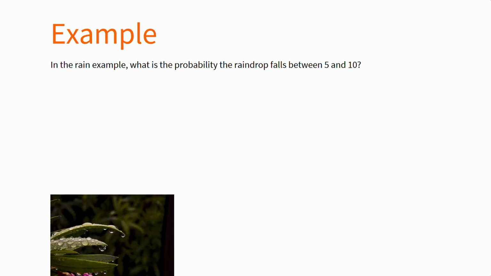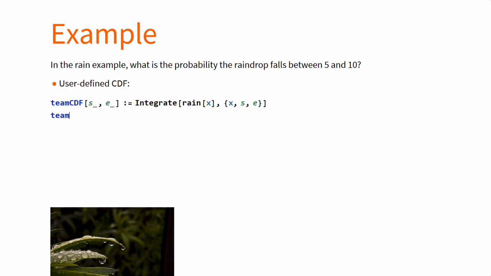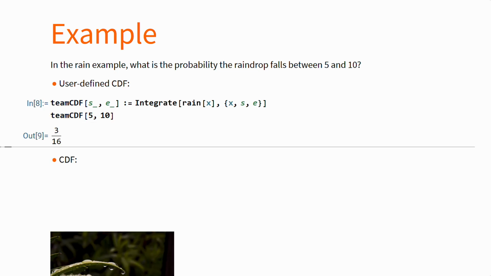For the rain example, what's the probability a random raindrop falls between 5 and 10 over the length of the field? You can try to compute this geometrically, since the shape is quite simple, but we'll use probability methods. First, we could use a two-ended CDF with parameters for the start and end of the interval. Evaluated at 5 to 10, you get 3 over 16.